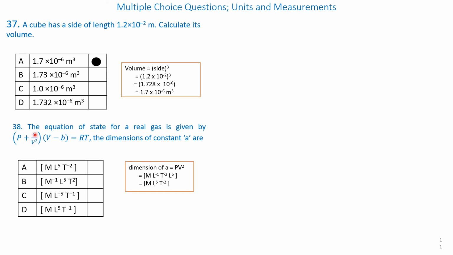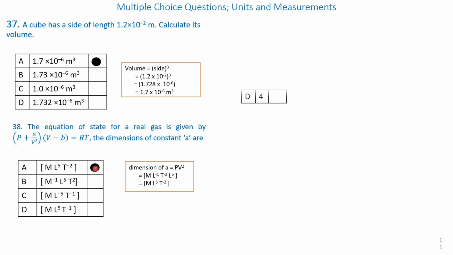That is A is equal to P into V square. Pressure P is, we should remember, M L to the power of minus 1 T to the power of minus 2. We know volume is L cube. Therefore, V square is L to the power of 6. Simplifying, we get M L to the power of 5 T to the power of minus 2. This answer is given in option A.